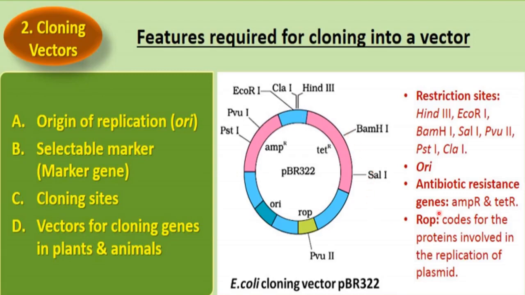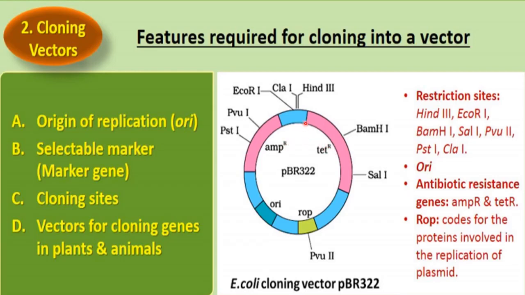Now the antibiotic resistance genes are ampicillin resistance and tetracycline resistance, represented by AMP for ampicillin and TET for tetracycline. These ampicillin and tetracycline are antibiotics, and the capital R you can see on both represents resistance.